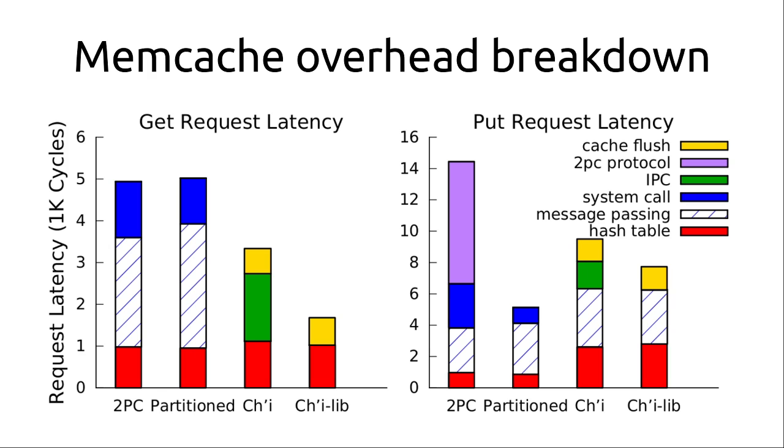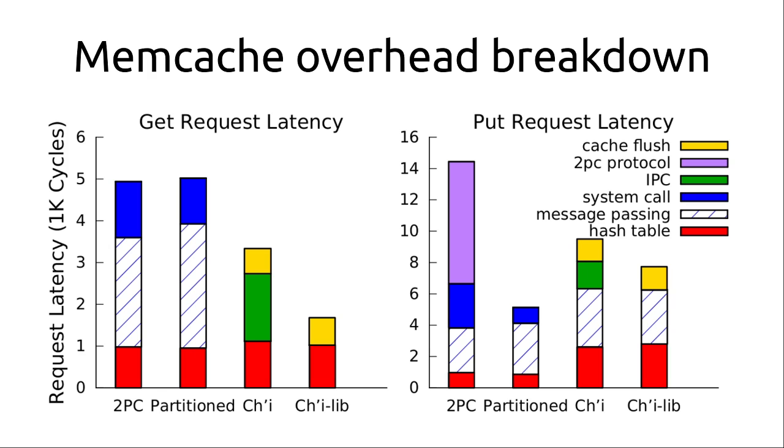And then for Chi, we have some additional overheads for the hash table because we had to modify it to be a read copy update style hash table, which is more expensive on updates. We have some message passing. As I said, we partition on put requests, and we have some cache flushes because we need to make sure on a node that when we make a modification that that data gets written back into the disaggregated memory so that updated value can be read elsewhere.